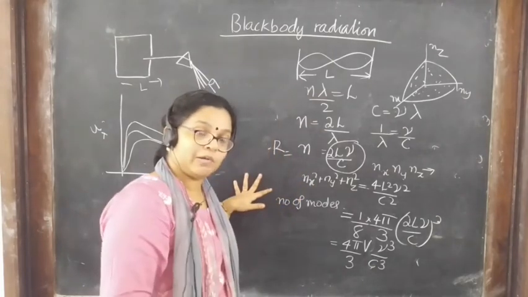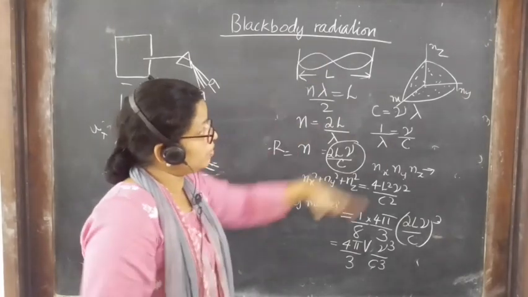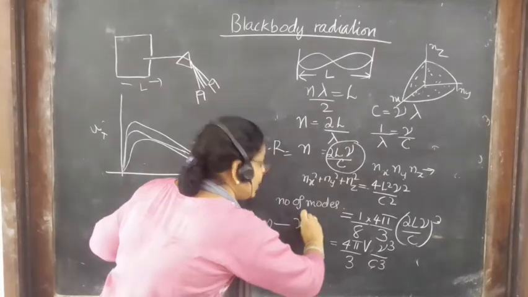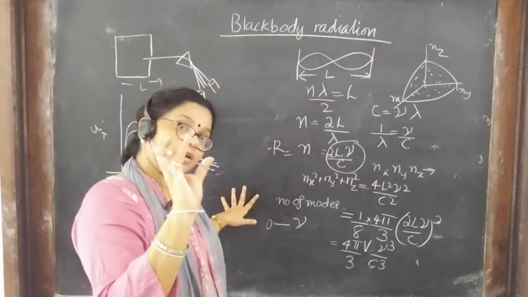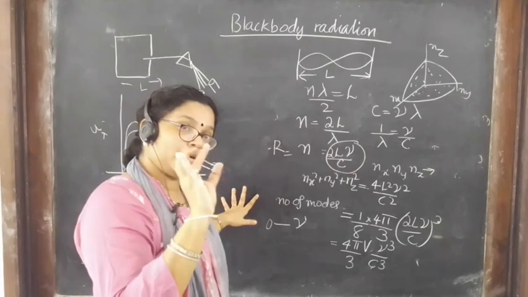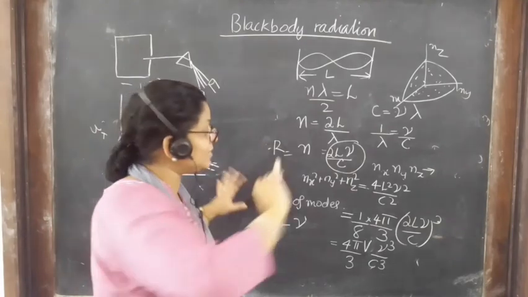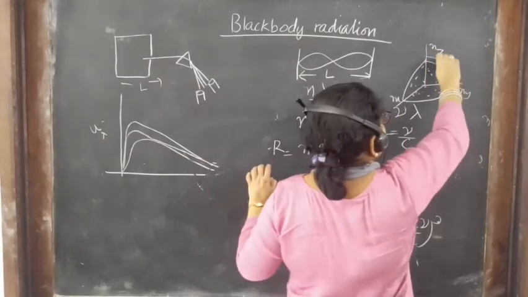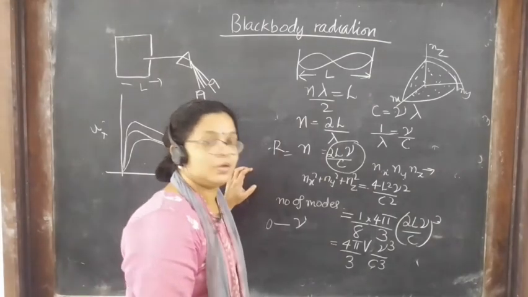Now we have to calculate the number of modes, not the whole number of modes from 0 to mu, which is this, but what we want is between mu and mu plus d mu. In that range, what will be the number of modes?